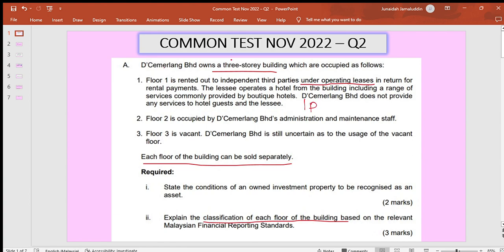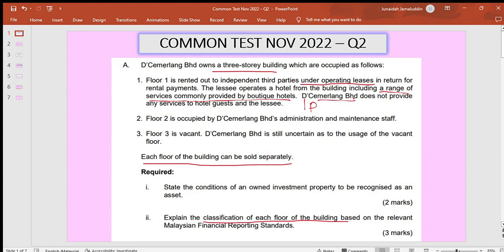We can also read from the information given that the lessee uses the floor as a hotel that provides significant services, a range of services commonly provided by boutique hotels.